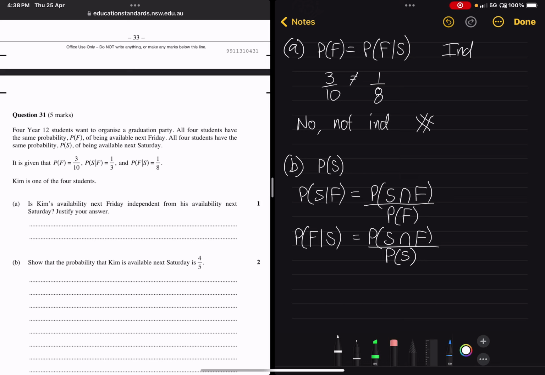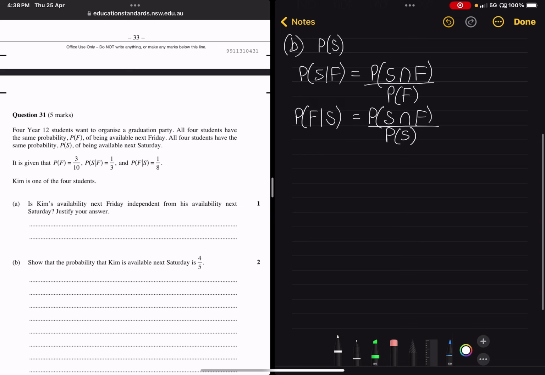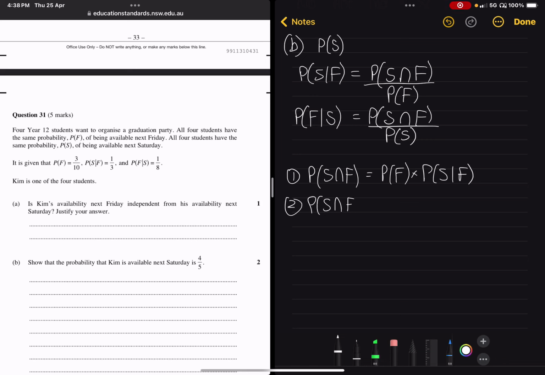We know P(S ∩ F) is equal in both of them, so we could rearrange both of these for that variable. This would give us our first equation being P(S ∩ F) is equal to P(F) times P(S|F). Our second equation would then be P(S ∩ F) is equal to P(S) times P(F|S). We can set these equal.